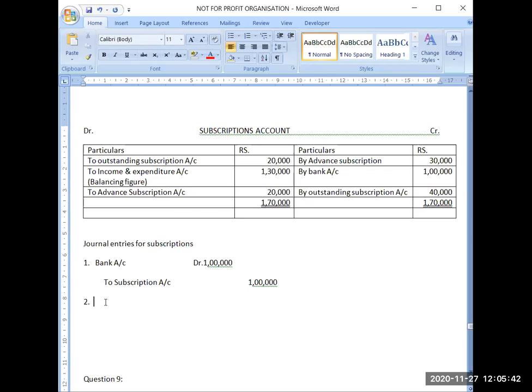I should credit the subscription account, obviously, because I want to increase my income. Then second thing is that whatever amount I have not received, that is my asset, and asset account should be debited or credited. It should be debited. So my asset account name is outstanding subscription account.